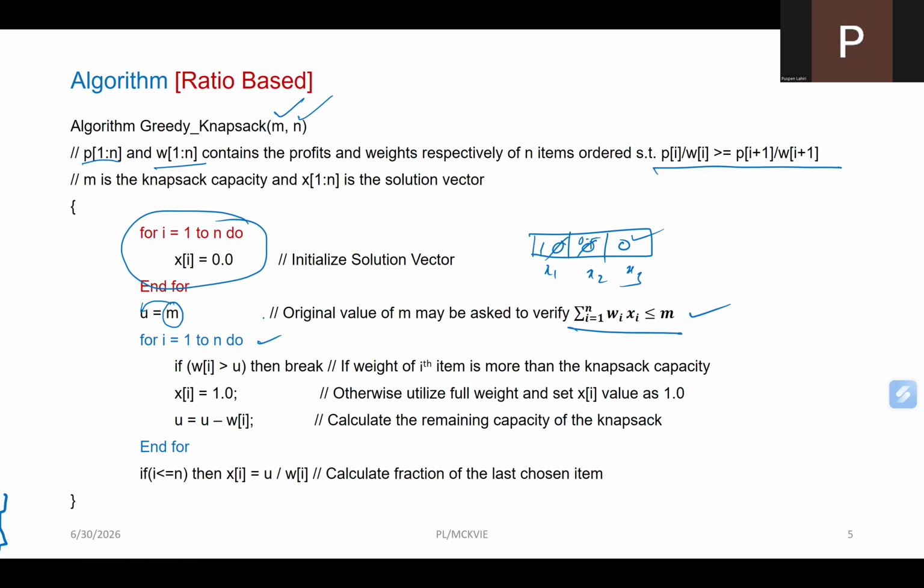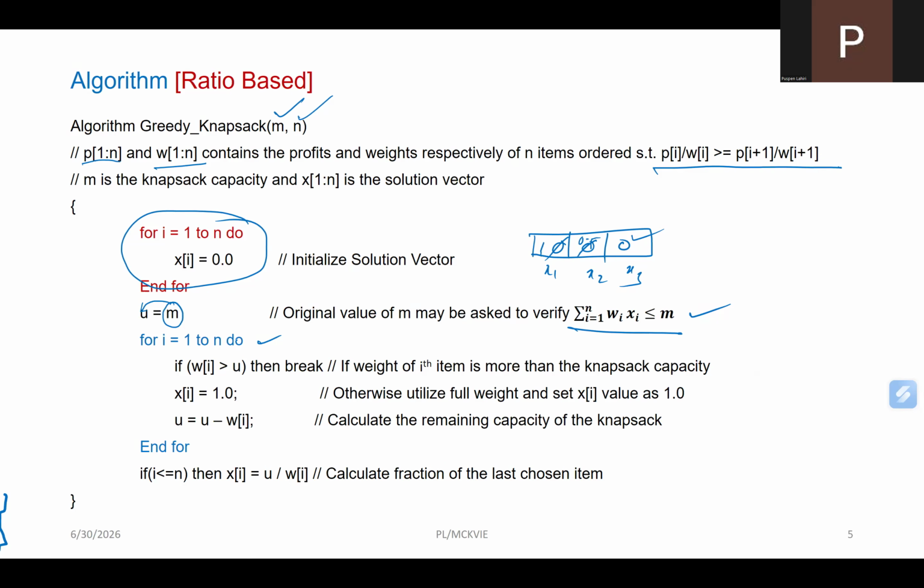Now, if the weight of the ith item crosses the capacity of the knapsack, that means the item which you have selected now has a weight more than the capacity of the knapsack, then you are not supposed to use the full of this item. In that case, you have to calculate the fraction of this item.